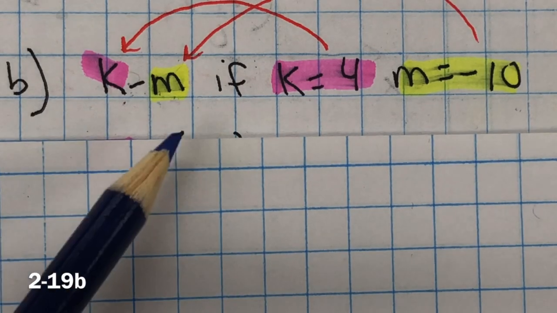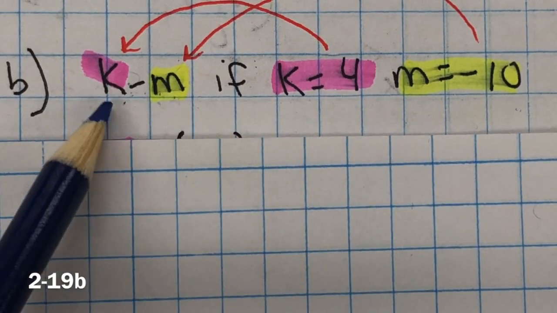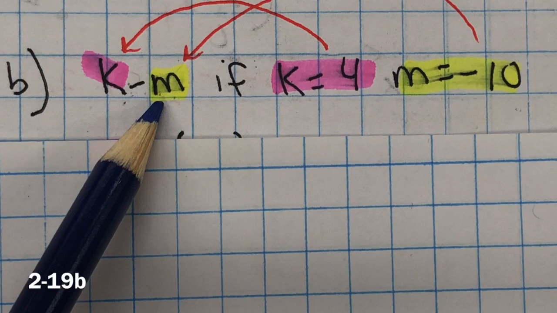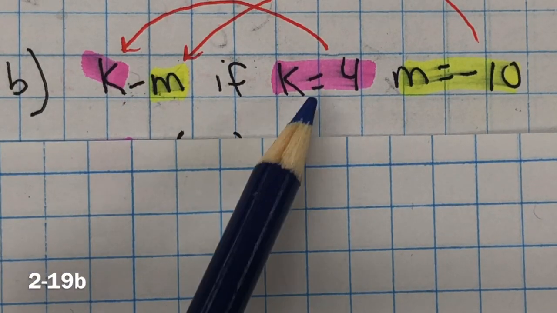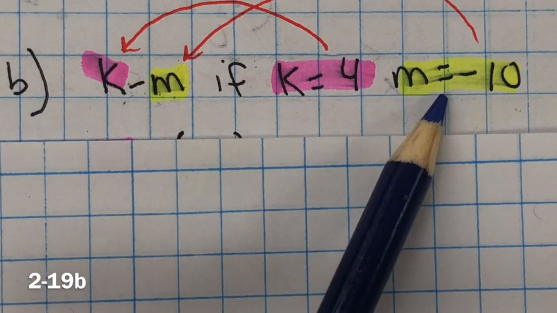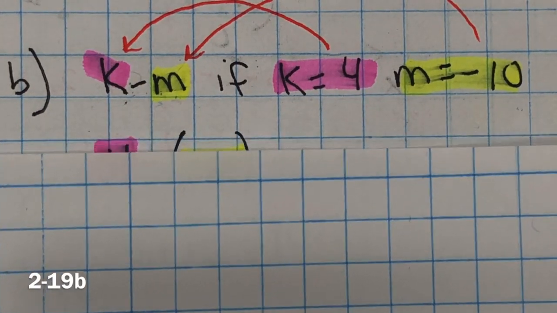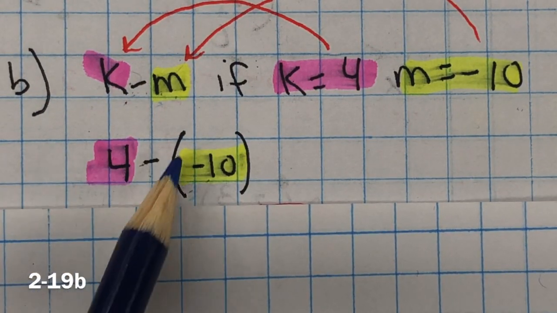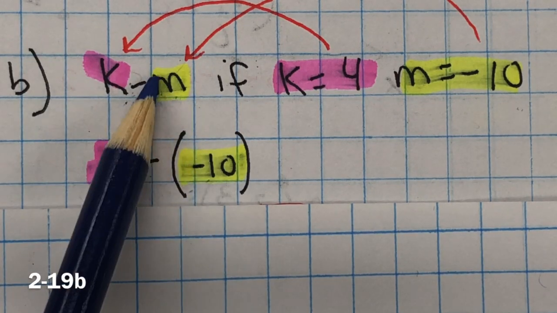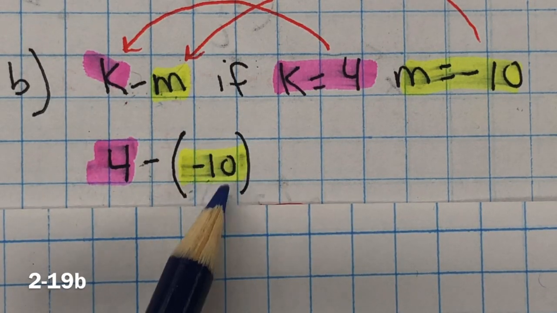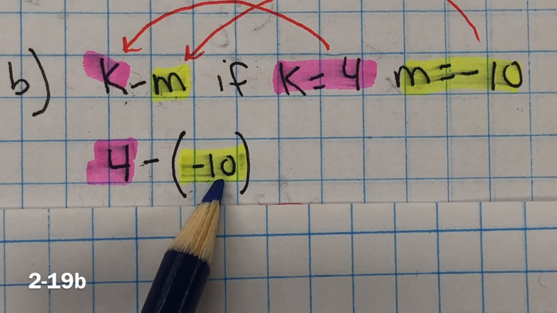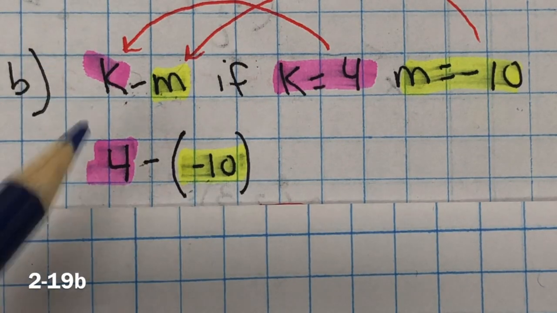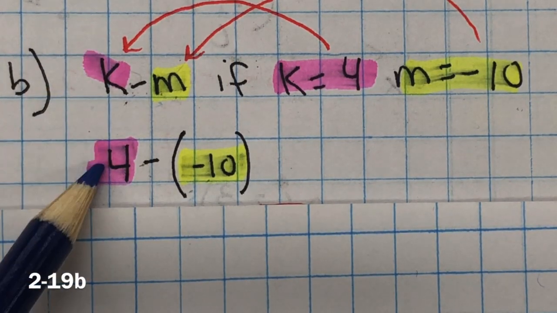For b, we have two variables, k and m. So k equals 4 and m equals -10. So here I'm going to put m in parentheses, and it's negative 10. And k equals 4.